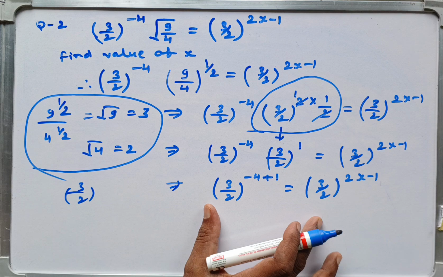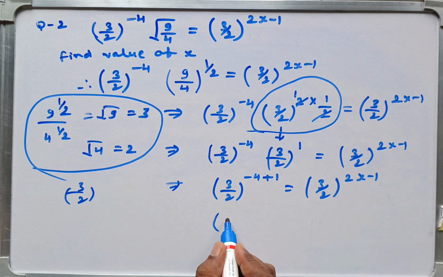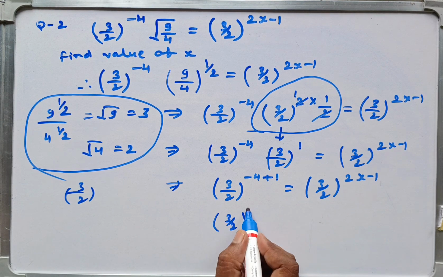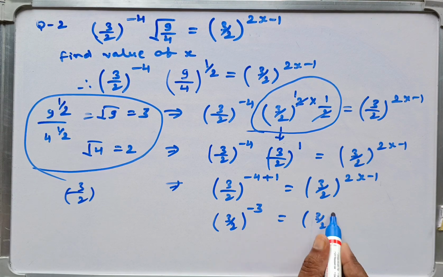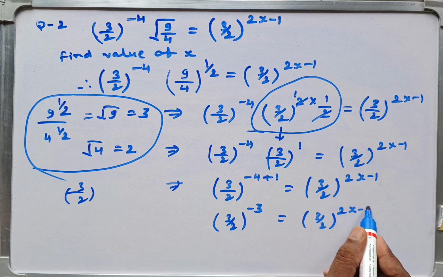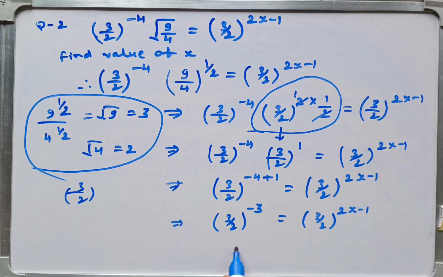See, the bases are the same here now. So in the next operation we can equate the exponent terms. Because the base is the same, this can be written as minus 3 equal to 2x minus 1.